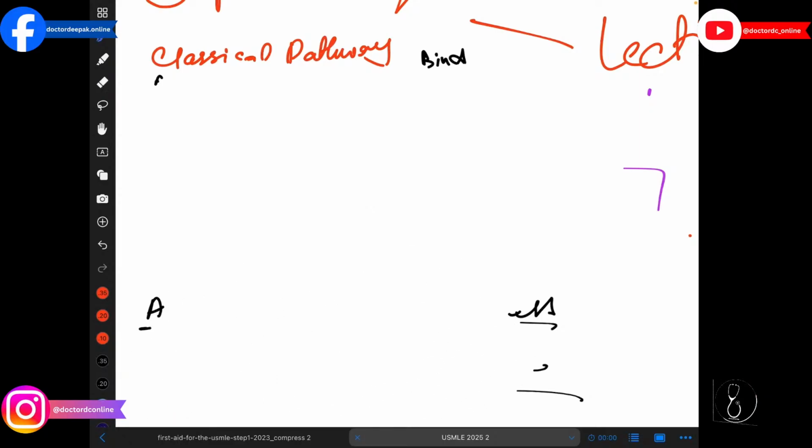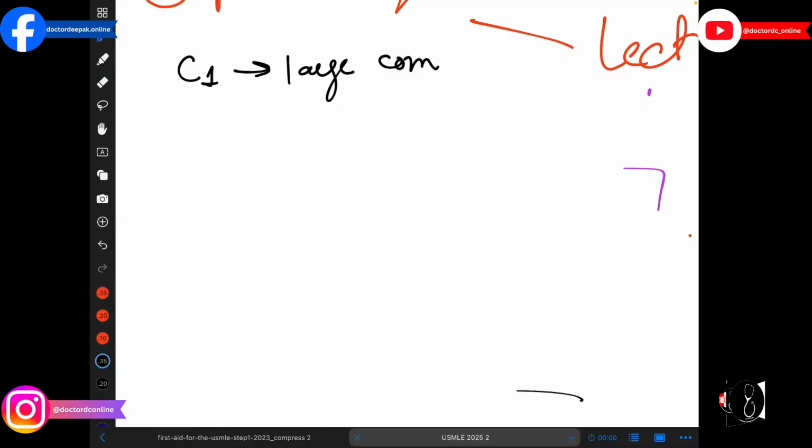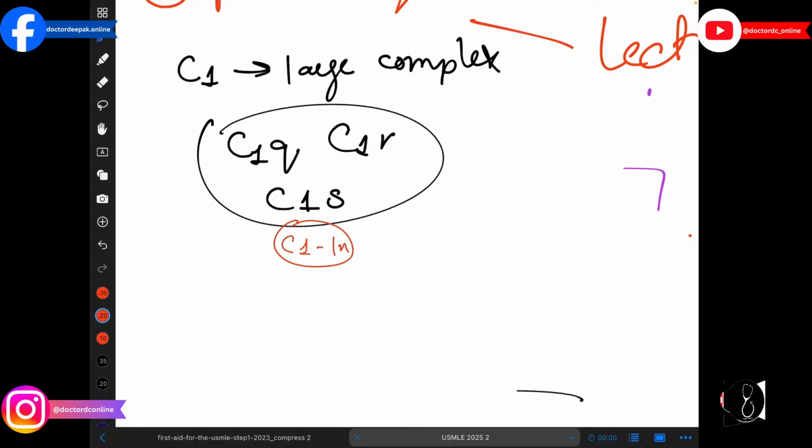The C1 is a large complex, and we'll draw its structure. It has the structure of C1Q, C1R, C1S, and one C1 inhibitor.